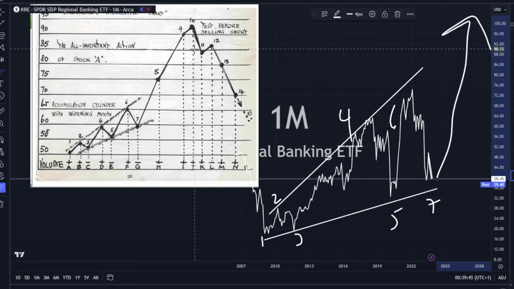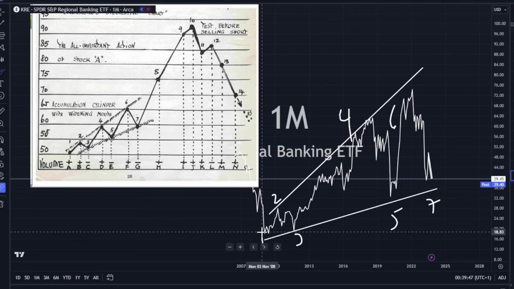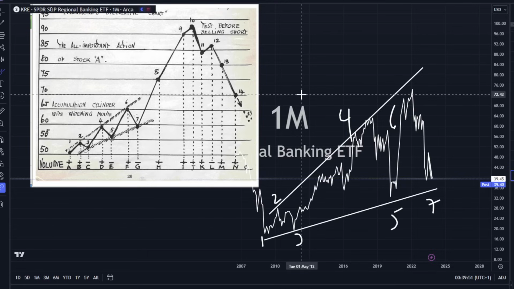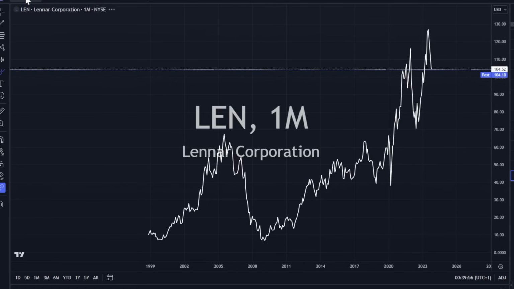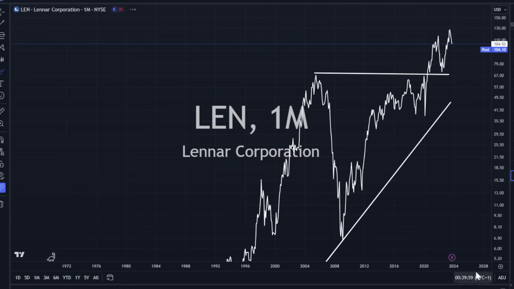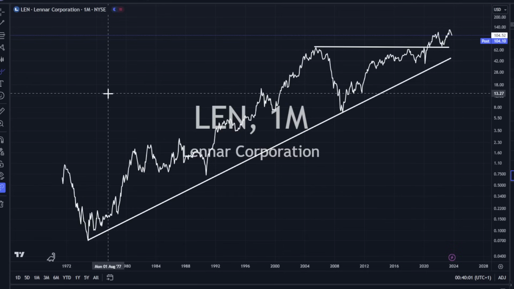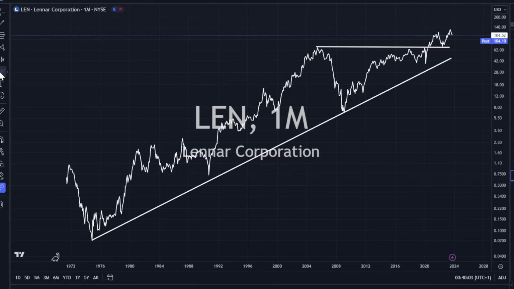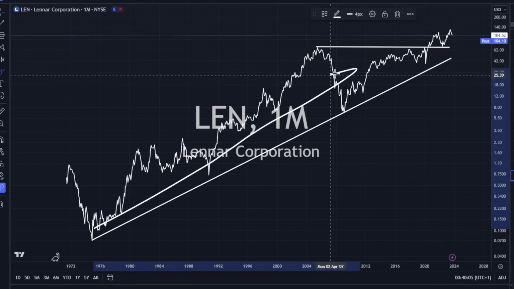Commodities are going to be the leverage play to play it. If this is the case, we should also see home builders be quite resilient at this time. So if I were to pull up Lennar Corp, which is a very large home builder, what do we see here? That looks pretty dang bullish to me. It's a big move up.